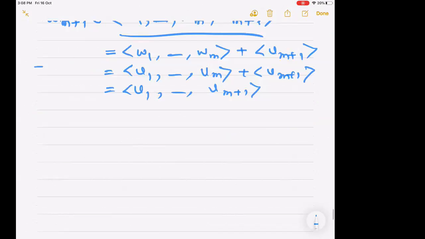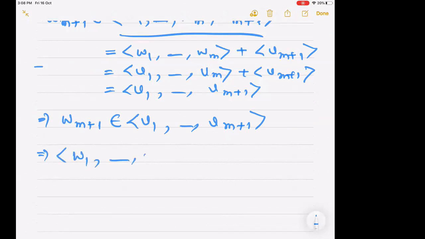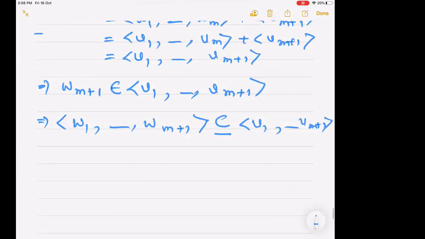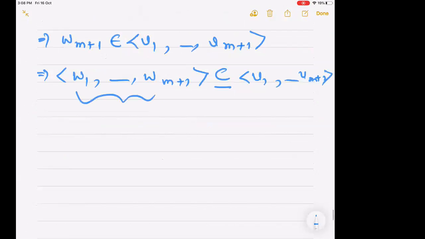Which means my Wm plus 1, the new vector that I have created, is a vector in the span of the given set of vectors V1 up to Vm plus 1. Which then means that the span of W1 up to Wm plus 1 is a subspace of the span of V1 up to Vm plus 1, right? So this is a subspace. But now notice how many vectors do I have here? M plus 1, right? They are orthogonal.